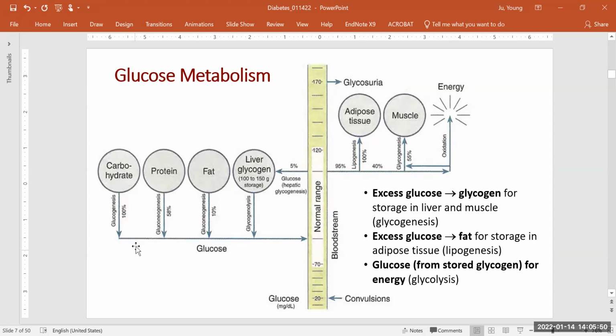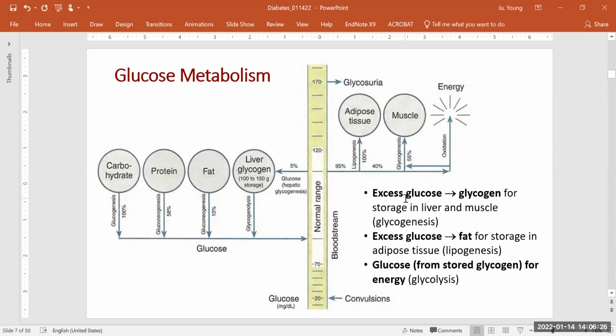Certain portions of fat and protein and most of the carbohydrates are converted to glucose, and then it enters and circulates in the blood system. The blood glucose is the main source of energy for the cells in many tissues, including muscles and brain and many other tissues. Our body has very efficient ways to regulate blood glucose concentration in a certain range.